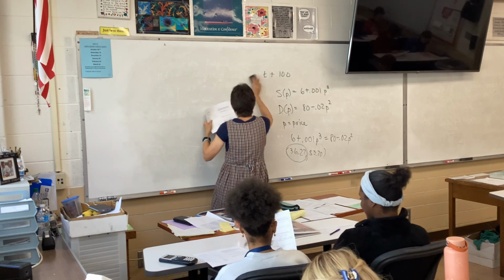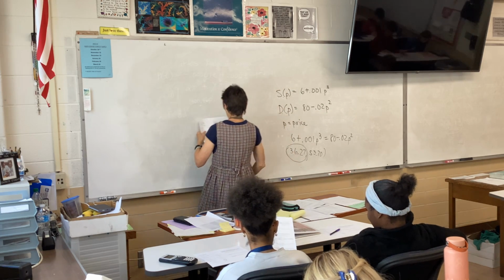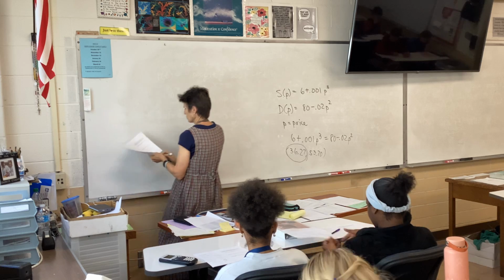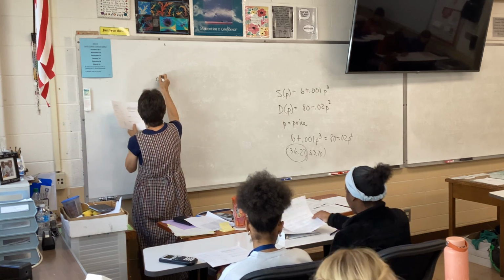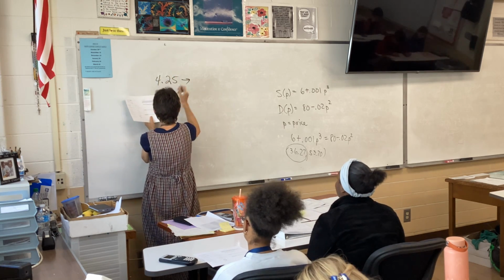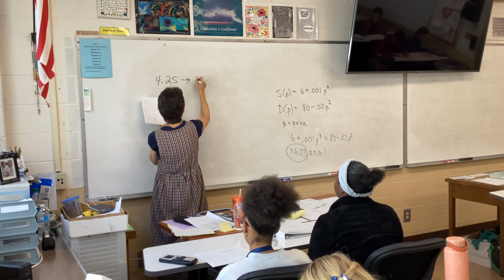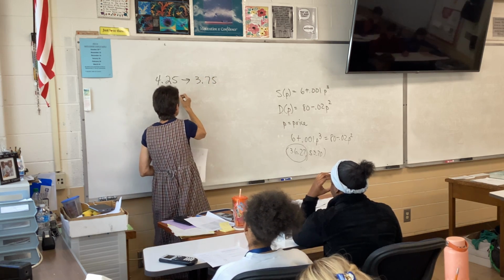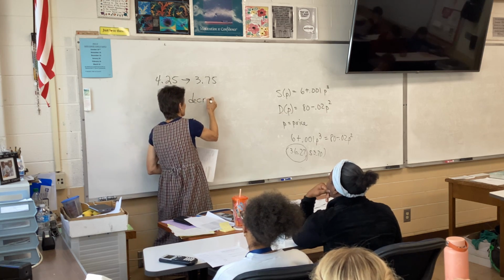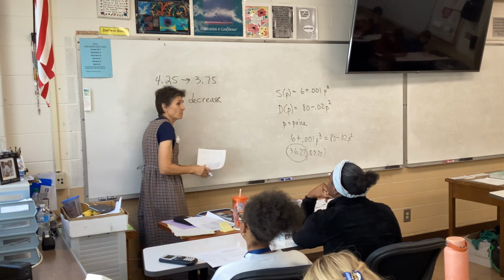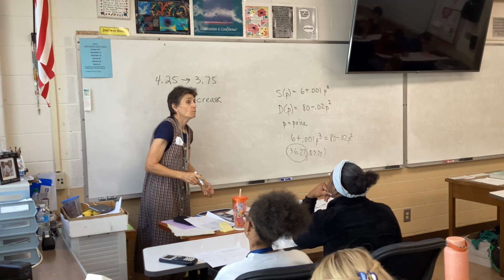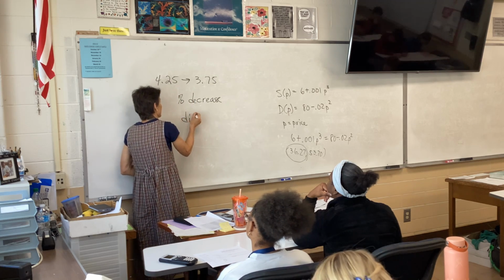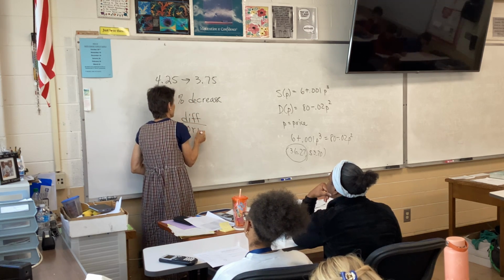The price was $4.25 last year, and now it is $3.75, and we want to find the percent decrease. How do we find the percentage change? It's the difference over the original, yep.